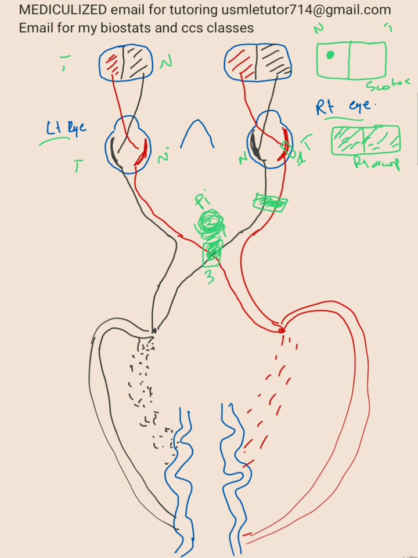Which fibers are affected here? The nasal retina of both eyes. Because if it's nasal, they will see the temporal part of the visual field. So you're not going to see the temporal parts of each eye.